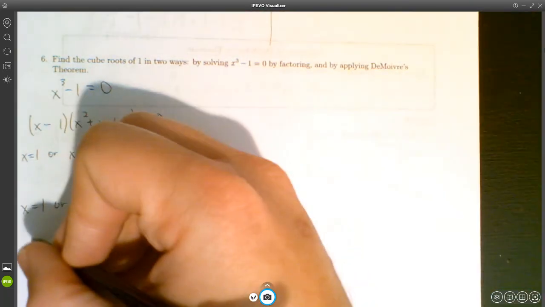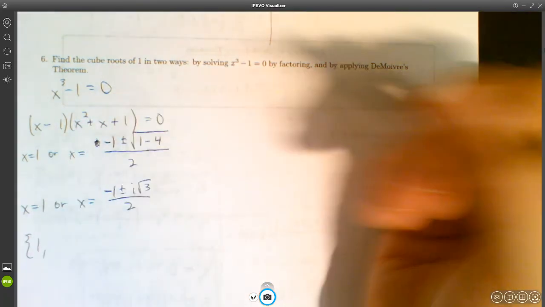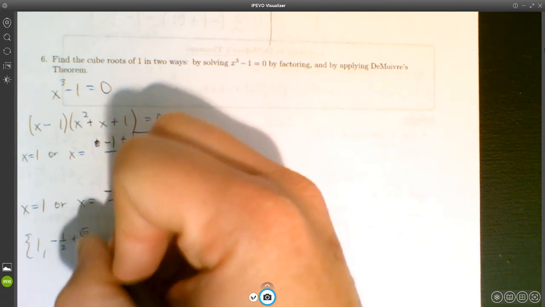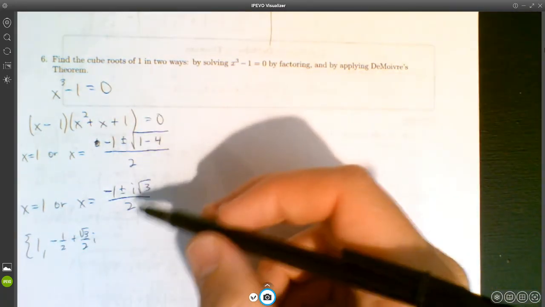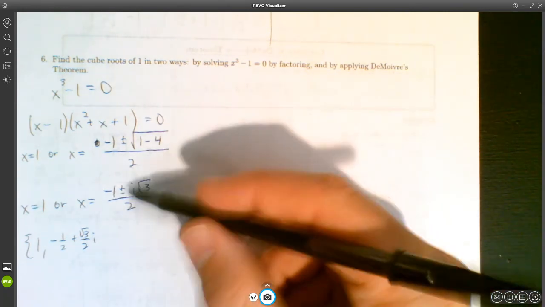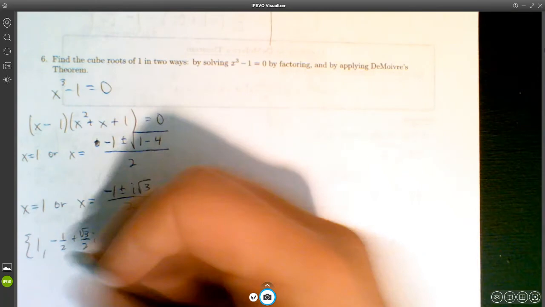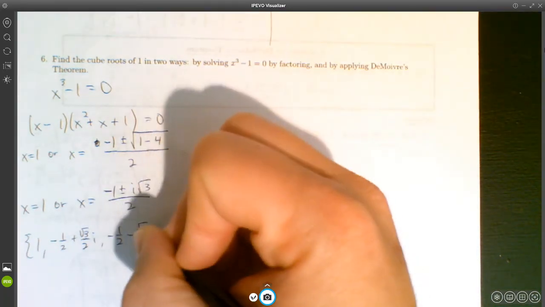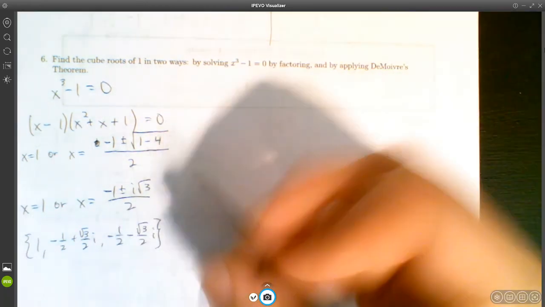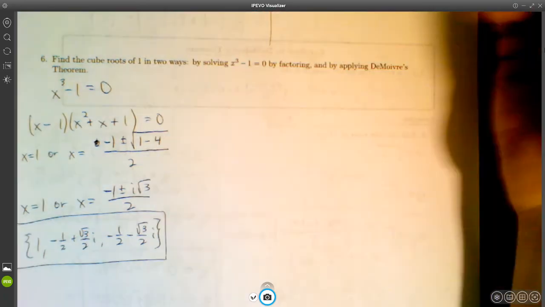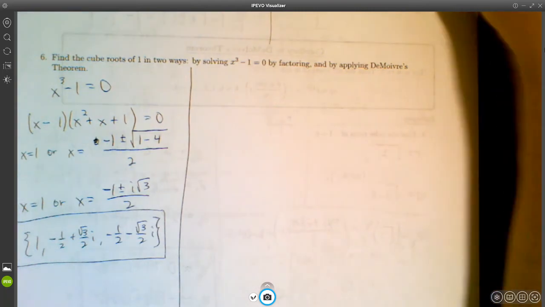So the zeros that we get are 1, and then -1/2 plus root 3 over 2i. I'm just rearranging this so that I'm splitting the denominator and taking the I out in front. So we have negative 1/2 plus root 3 over 2i and negative 1/2 minus root 3 over 2i. So those are the three solutions to this equation. Now let's do the same thing by applying de Moivre's theorem.